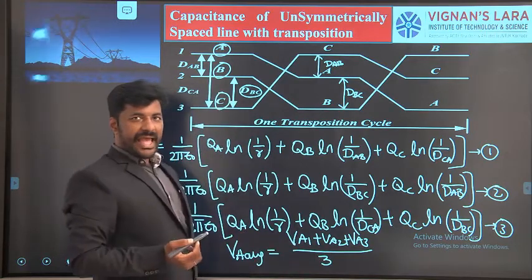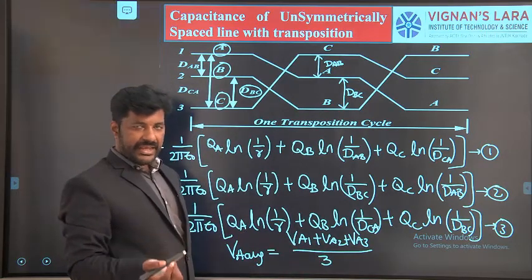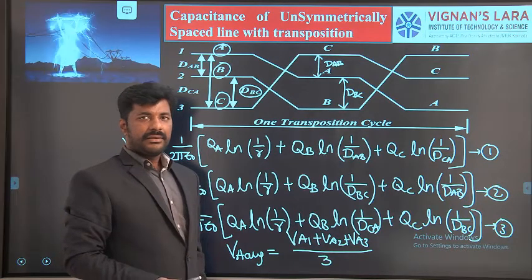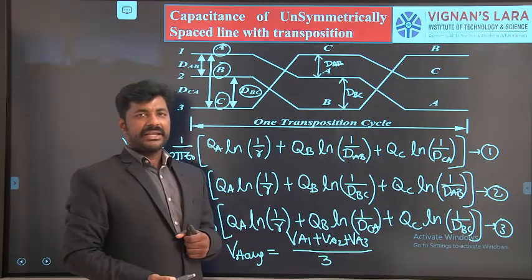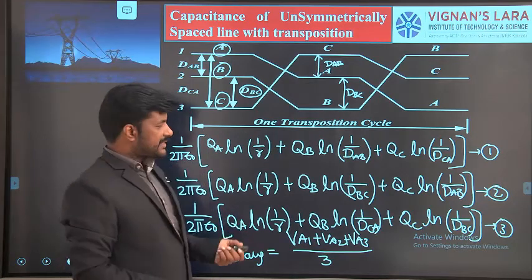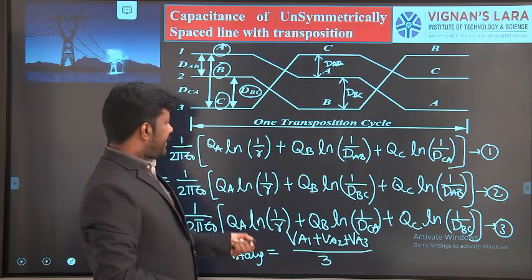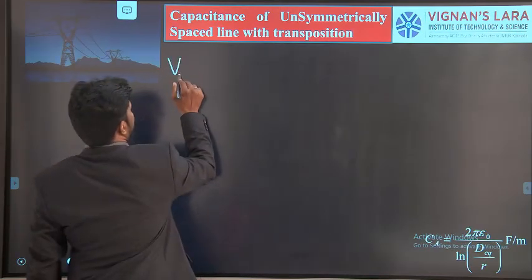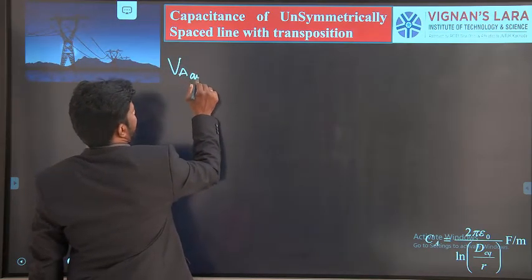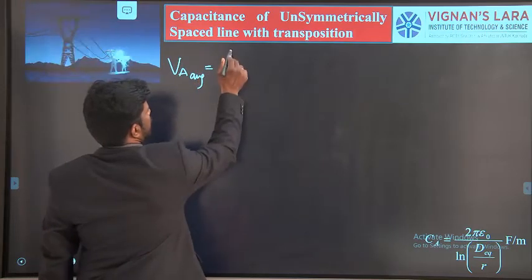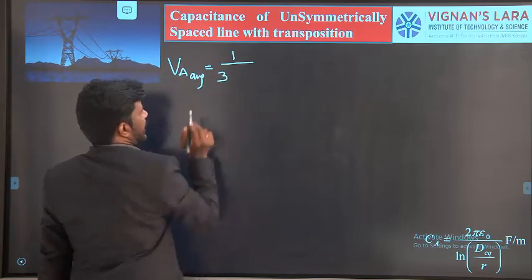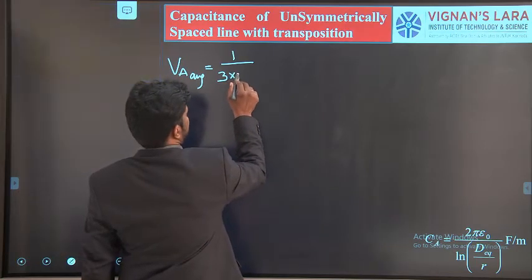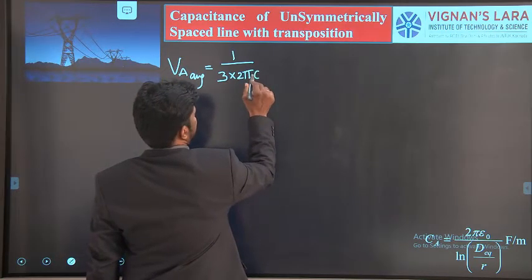Once we get the average potential of conductor A, we can get the capacitance of that conductor A in a transposed line. So let us take the average value. In calculating it, VA average is equal to 1 by 3, and 2 pi epsilon naught can be taken as common in all 3 equations.